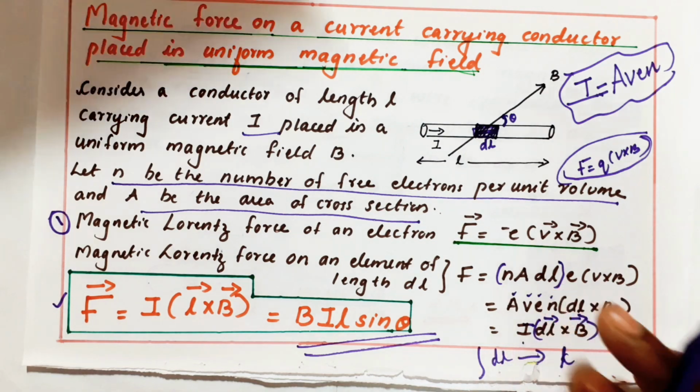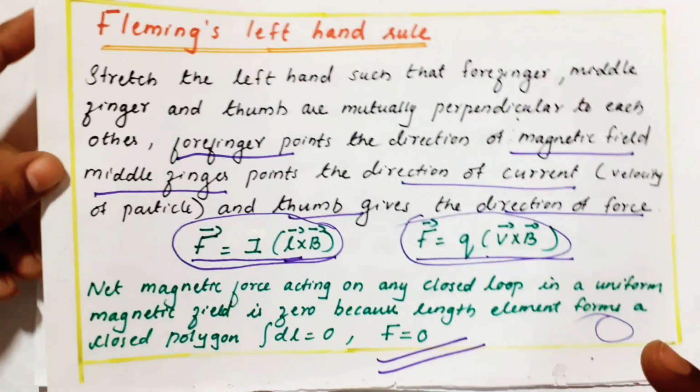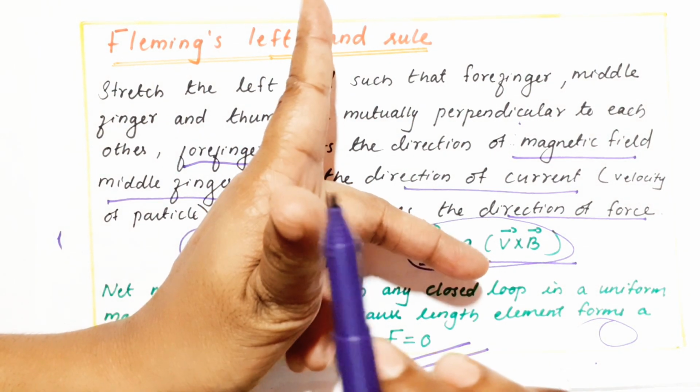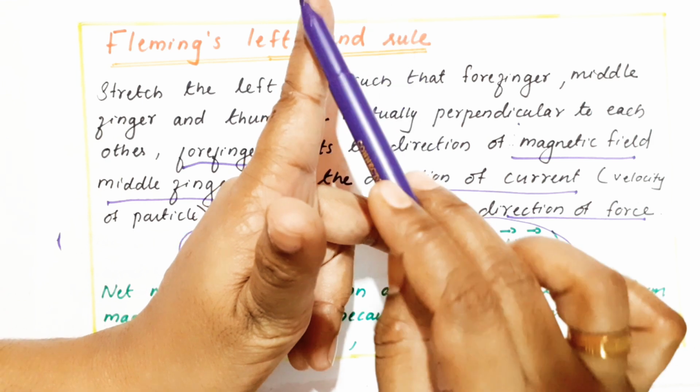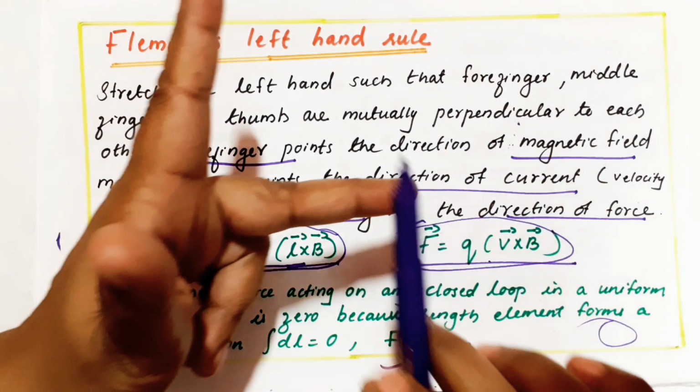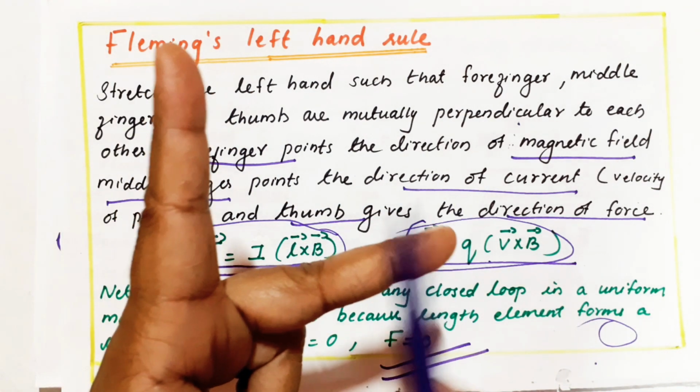And I told you in all these questions we can find the direction by using Fleming's left hand rule. According to Fleming's left hand rule, thumb gives the direction of force, forefinger gives the direction of magnetic field, and middle finger gives the direction of current, or the motion or velocity of the particle.